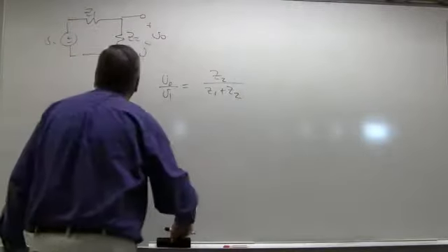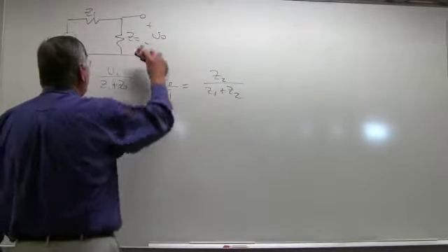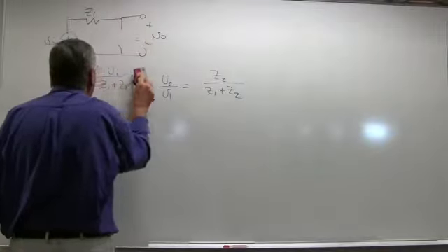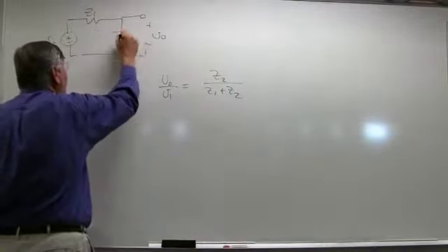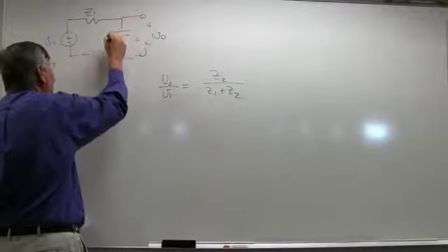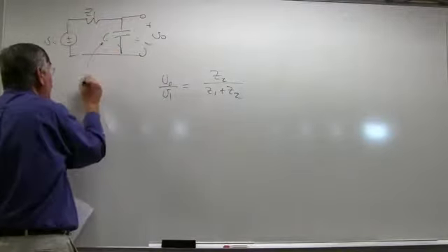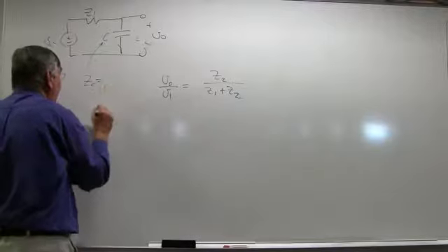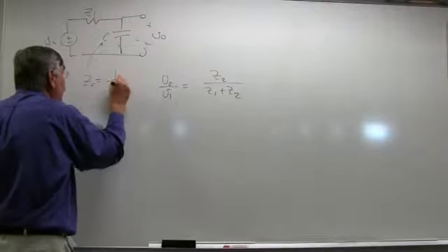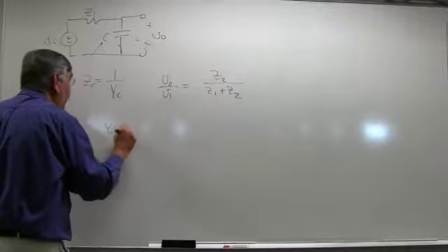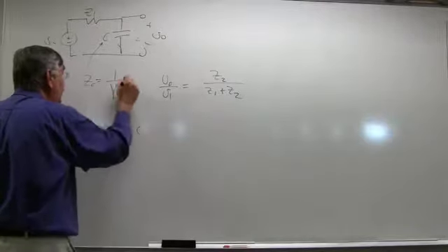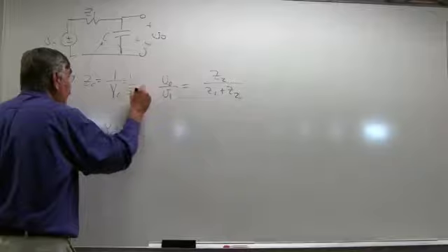We can do this. Now, if we made Z2 out of a capacitor, then this becomes easy to do and forms a so-called low-pass circuit. So if we put a capacitor C here, the impedance associated with the capacitor, let's talk about the admittance associated with the capacitor. The admittance of the capacitor is SC, and the impedance is 1 over SC.